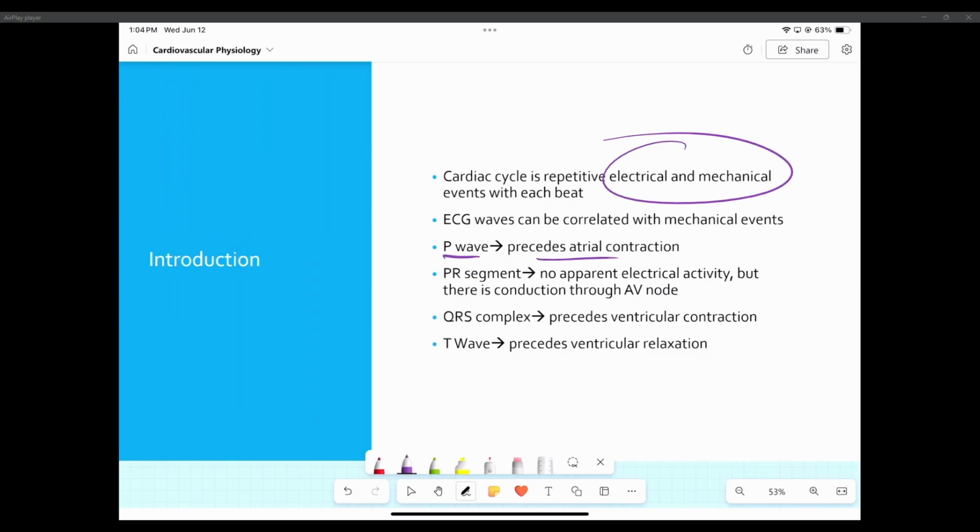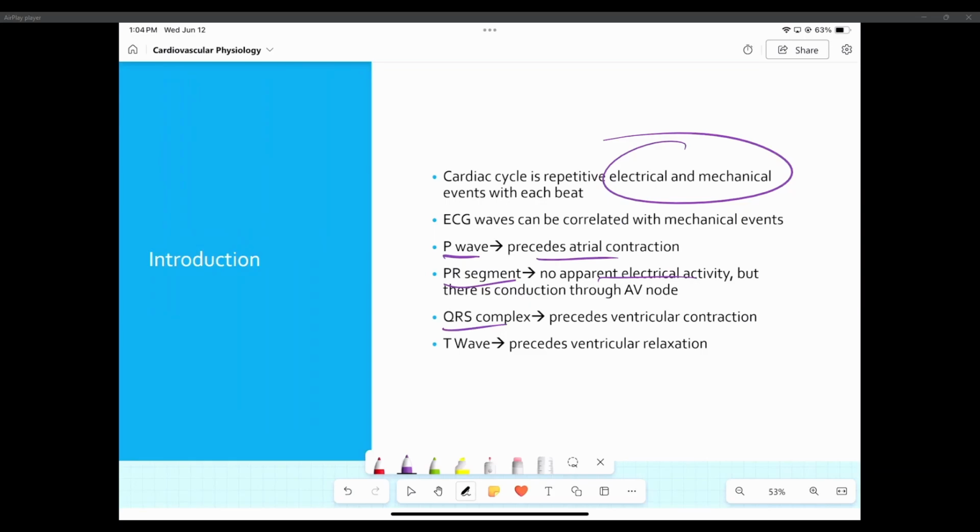The PR segment, which is between the P wave and the actual QRS complex, has no electrical activity, but this is why the AV node works, because it's holding on to that charge. A longer PR segment means you have damage to your AV node, because that's the part of the EKG that's responsible for the AV node.